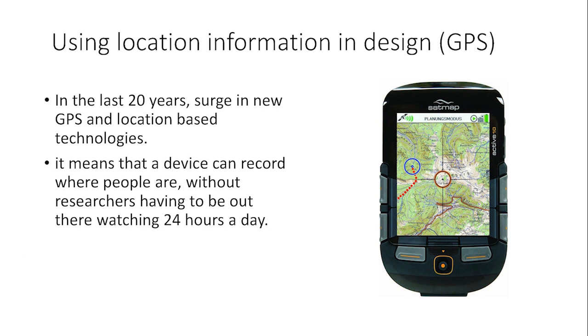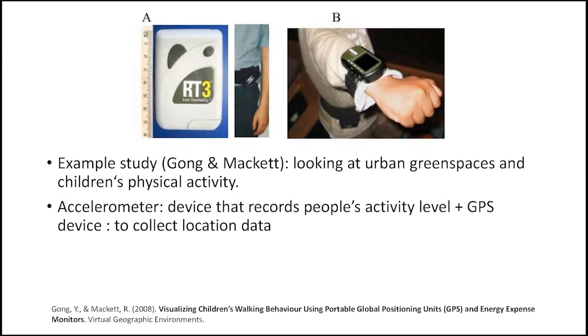But as we know, in the last 20 years, there's been a surge in new GPS and location-based technologies, which means that a device can record where people are without researchers having to be out there watching 24 hours a day. For example, in this study looking at urban green spaces and children's physical activity, they strapped GPS devices and an accelerometer, which measures physical activity, onto children's wrists.